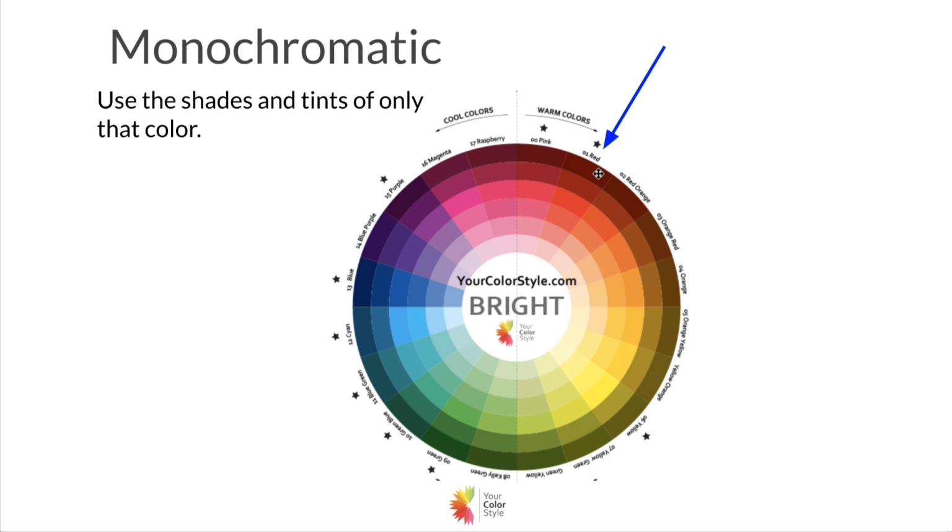However, that only is really true if you're using different shades of the same color. If you're going straight from a very light pink to a very dark maroon, that will still give you a little bit of a higher contrast because of the values of those colors. But in general, though, a monochromatic look of all tints and shades of one color is going to be a lower contrast look, okay?